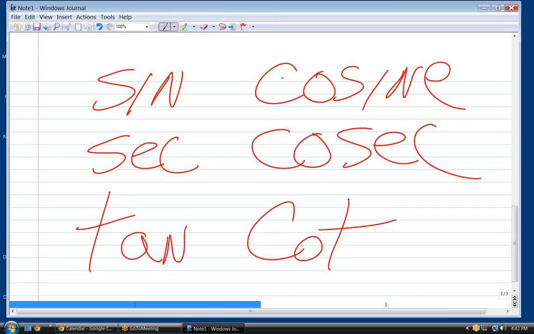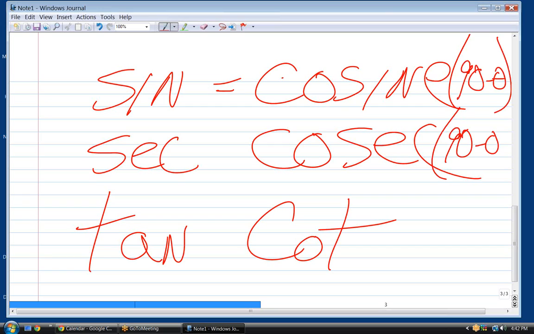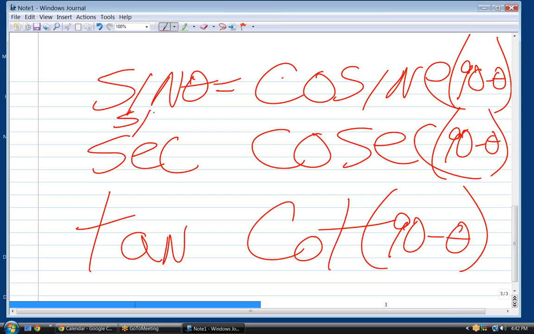And what is special about the cofunctions is that the sine is always equal to the cosine of 90 minus theta in each of these, and vice versa. In other words, the sine of 30 degrees is going to be equal to the cosine of 60 degrees, always.